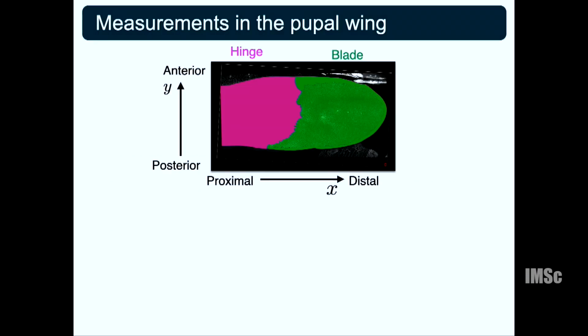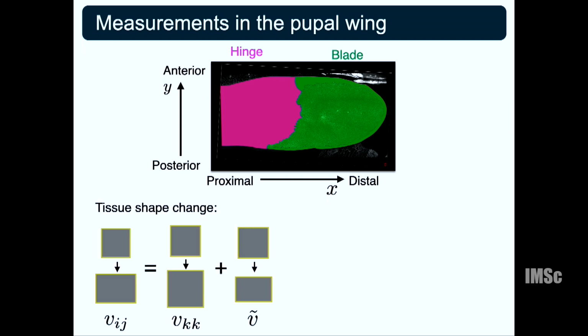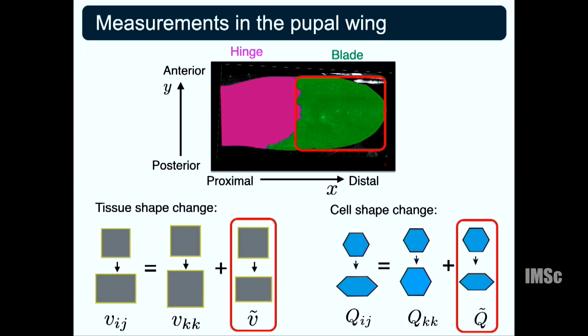And again, I told you right at the beginning that because the main deformation is anisotropic, we will for the moment focus only on the blade. Okay, so here we can go a little slow because there are a lot of interesting results that will come.